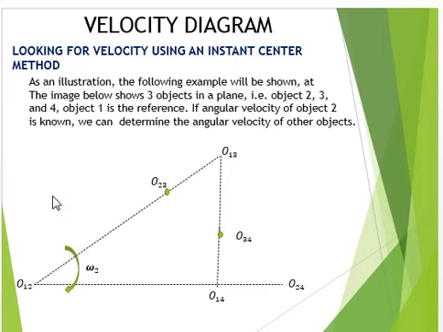And then you can look at the illustration in the picture. The following example is a 4 link mechanism. This link has 1, 2, 3 and 4.